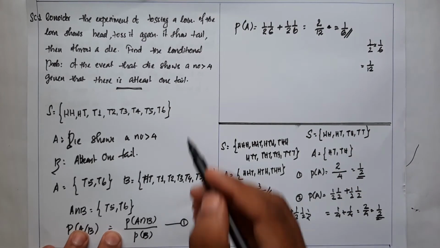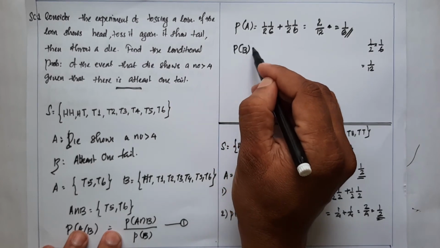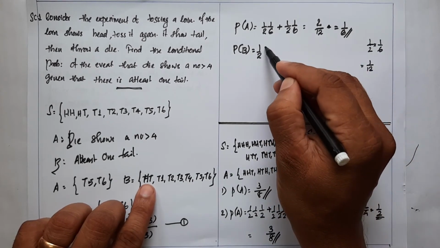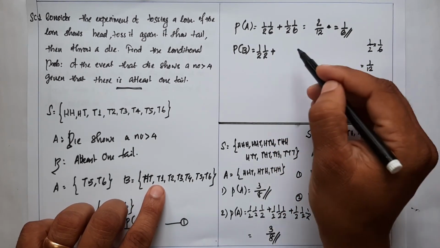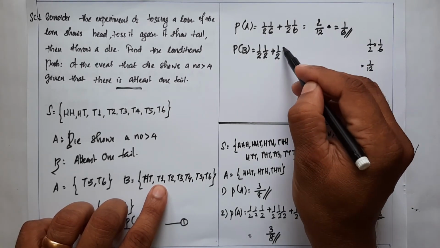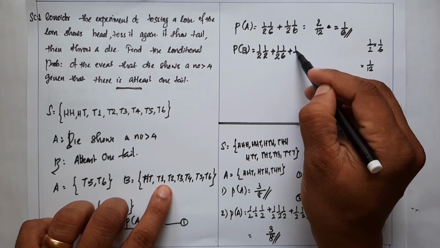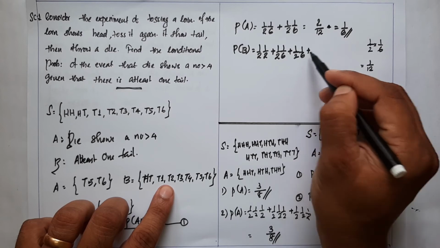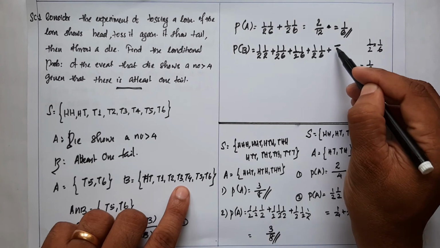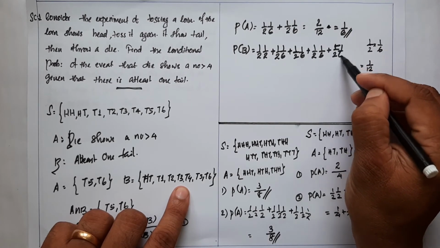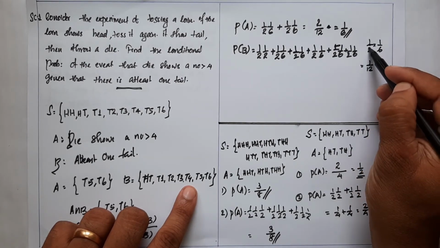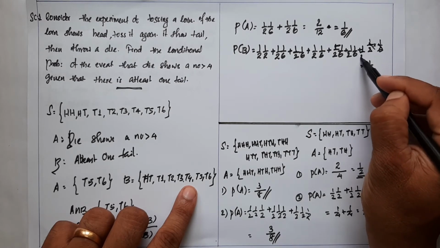That's all. Then the probability of getting B. You know the probability of getting head is 1/2. Again the probability of getting tail is 1/2, plus here also the probability of getting tail is 1/2 into 1/2 into the probability of getting 1, which is 1/6, plus T2 1/2 into 1/6, plus T3 1/2 into 1/6, T4 1/2 into 1/6, T5 and T6 also 1/2 into 1/6.